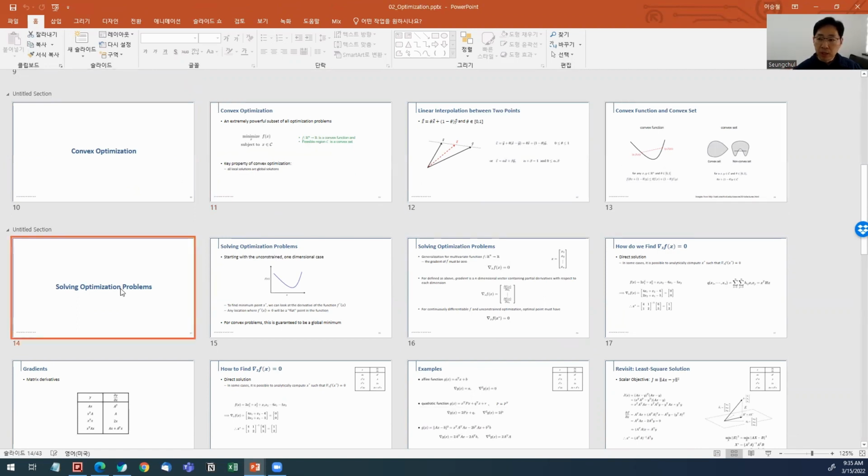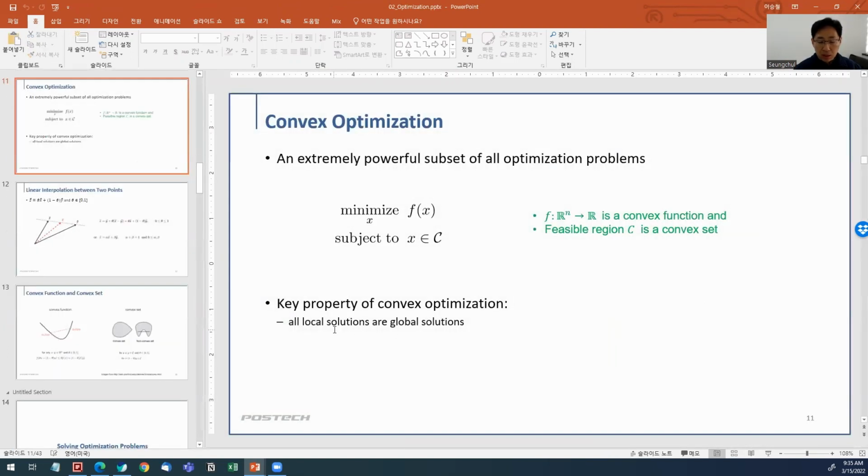Once we figure out that the optimization problem belongs to convex optimization, one of the biggest advantages is that all local solutions are global solutions. So you don't have to worry about whether this is a local minimum or a global minimum.